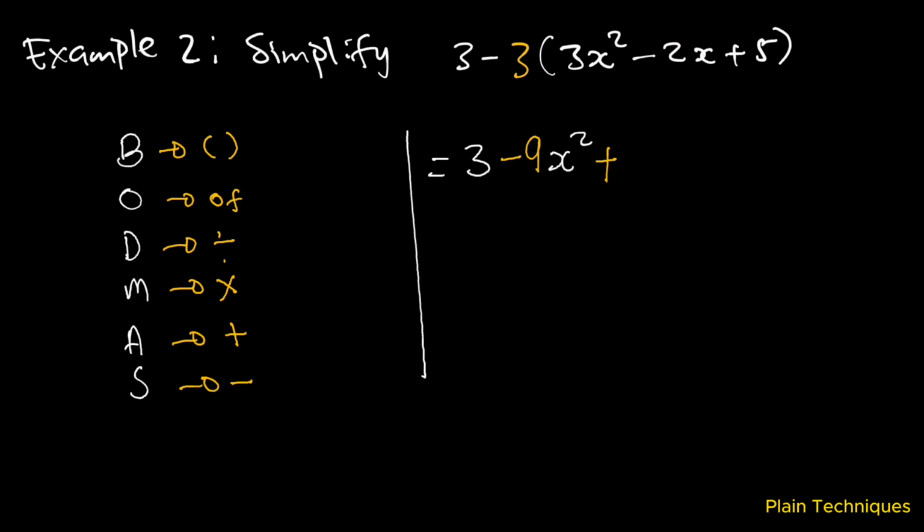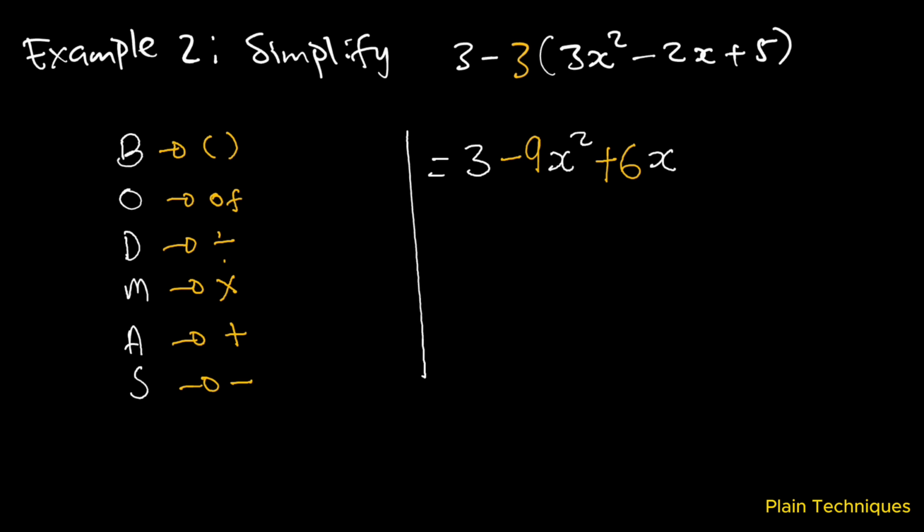So I'm going to have positive 6. What else do I know? The next thing is to just drop that variable as it is, because I multiplied 3 by the whole thing here. So that will give me x.